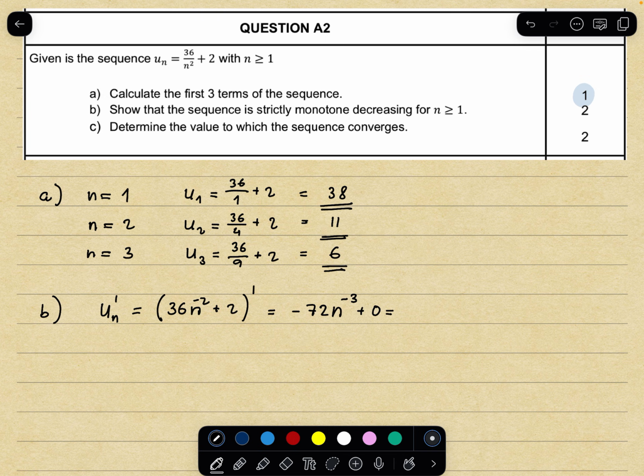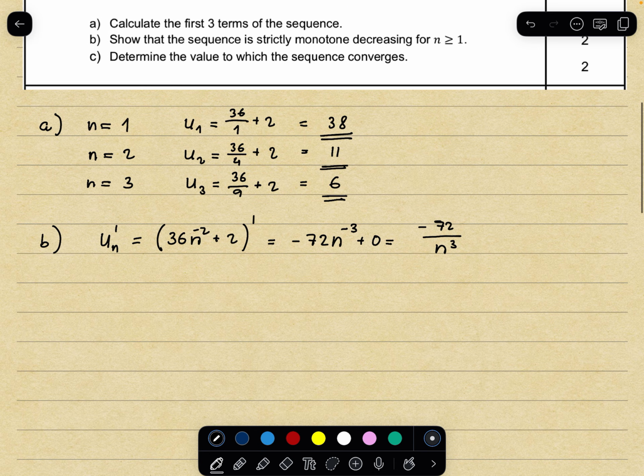So basically we have negative 72 divided by n cubed. And since n is always a positive number, n cubed will be a positive number, and we have a negative value in the numerator, so we can say that this right here is less than 0 for all n, which basically is enough to then conclude.